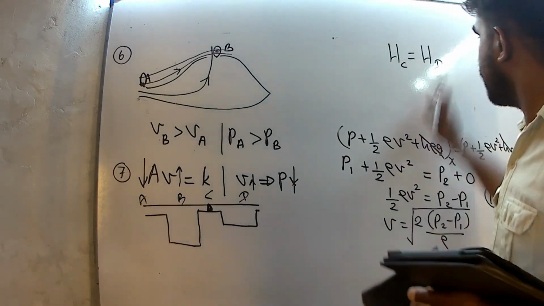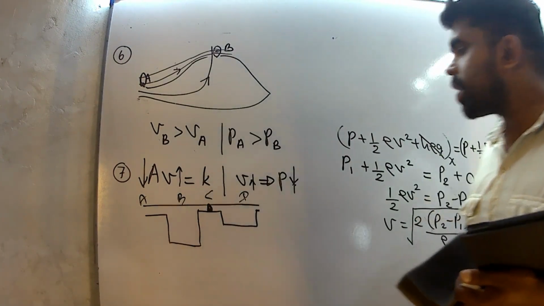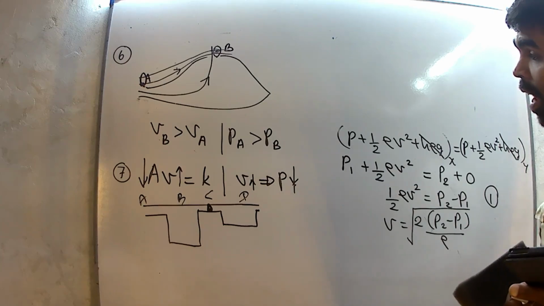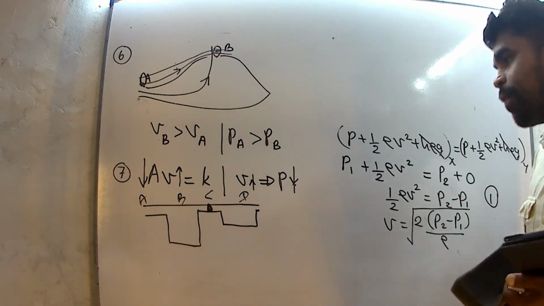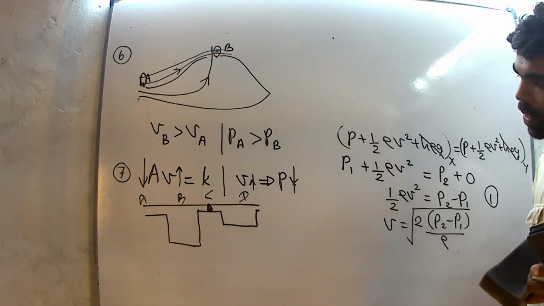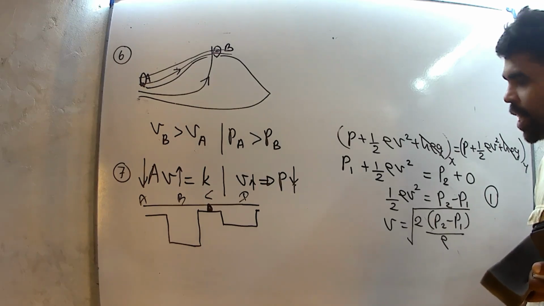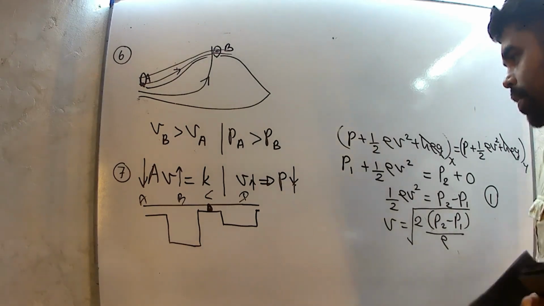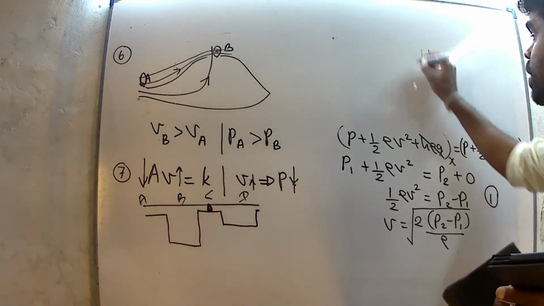Therefore, we can consider point C has the smallest cross-sectional area. Therefore, the highest velocity could be obtained at point C. Velocity increases, then pressure decreases. Therefore, at the lowest pressure at point C, HC should be the smallest value.